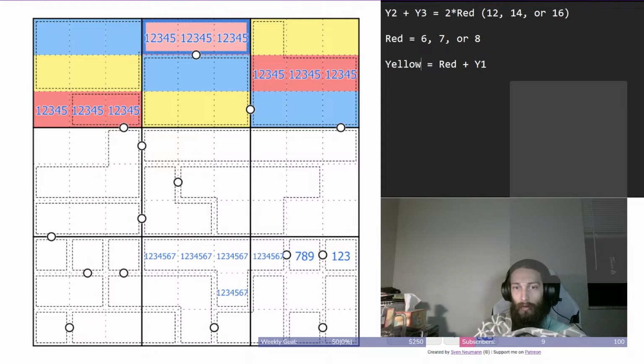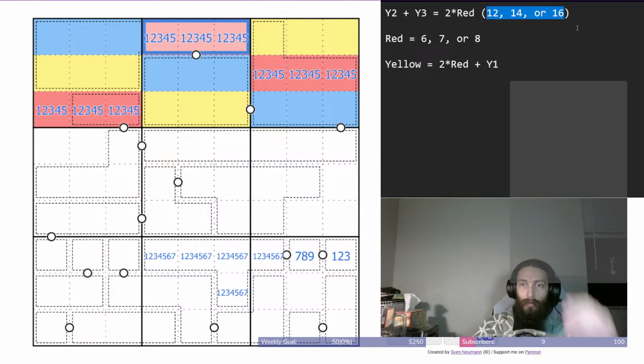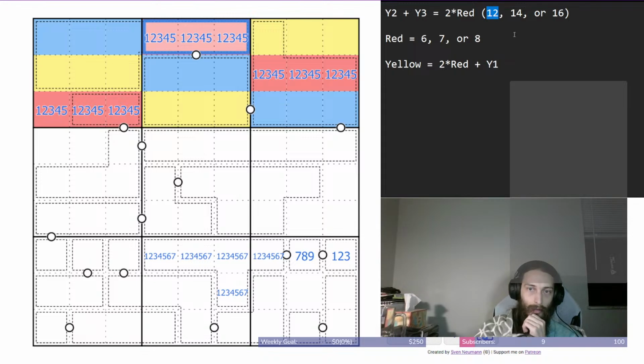And when we take the subtracted red over here, now that ends up with 2 reds over here. But we know that yellow is y1 plus y2 and y3. Subtract out y1 from both sides, so that gives us y2 plus y3 is equal to twice red, which is 12, 14, or 16. And you can do 4 and 8, or 5 and 7 to get 12. Oh, right.